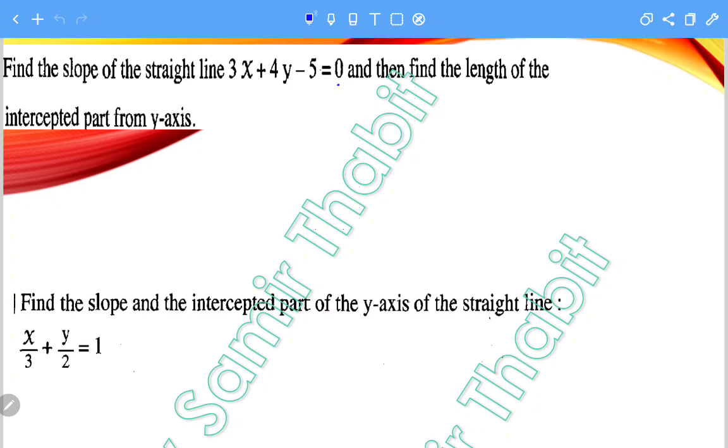Find the slope and the intercept. Let's solve the first question. We have two questions on the screen. The first question we solve one way, and the second question another way, and both of them give you the same answer. The slope m equals negative coefficient of x over coefficient of y.